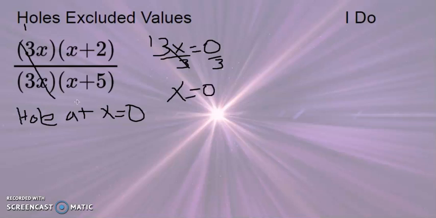Basically, we set what we canceled out equal to 0 to solve for x. So we have 3x equals 0. That's a hole. That means that the domain does not include 0. It's undefined there. There's another x value that's not included here, and we'll talk about that kind later in the video.